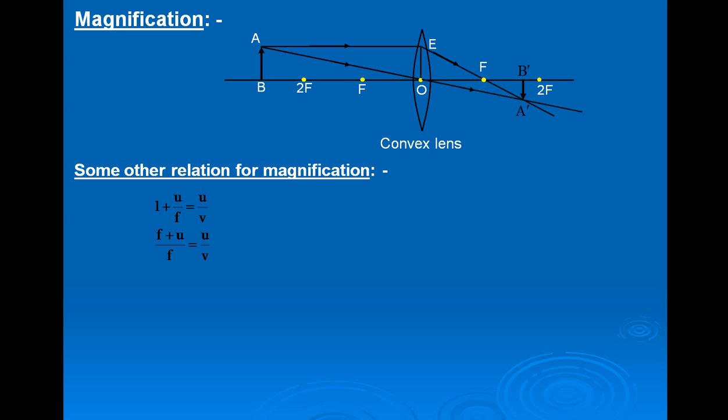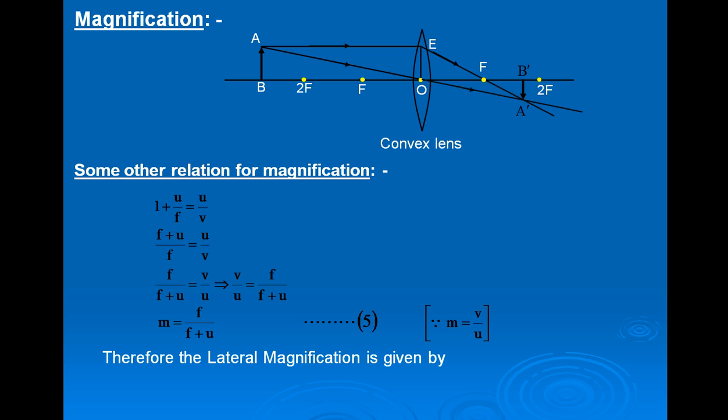We get f plus u upon f is equal to u upon v. Now taking the reciprocal, we get f upon f plus u is equal to v upon u. Implies v upon u is equal to f upon f plus u, because v upon u is equal to m, the magnification. Therefore m is equal to f upon f plus u. Put this equation number 5.